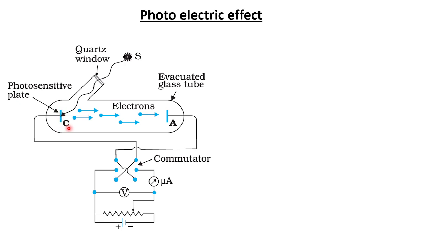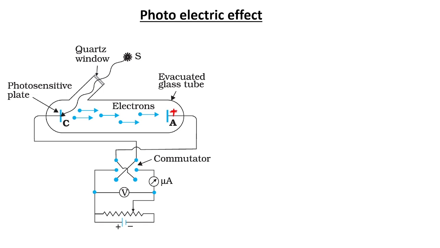It is said to be the cathode, or whatever the term, no problem. C is the metallic plate, and there is another plate here, let it be called the anode. There are two metallic plates here. The radiation is falling on this cathode C. Initially we are giving positive polarity.